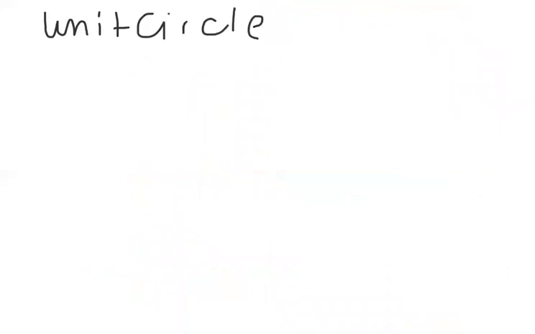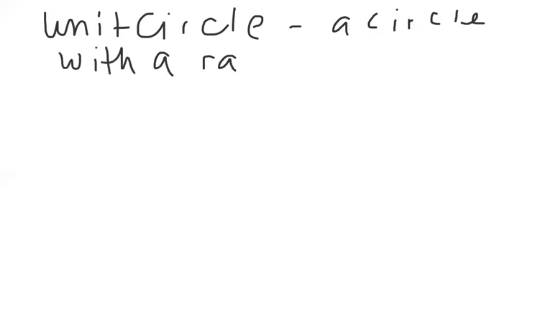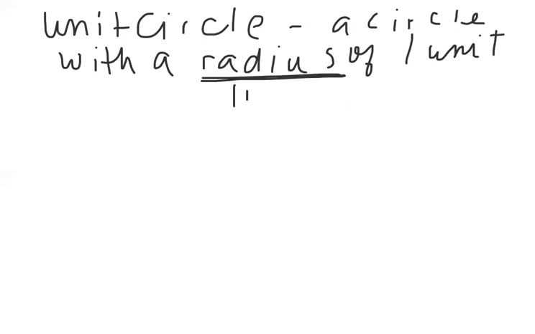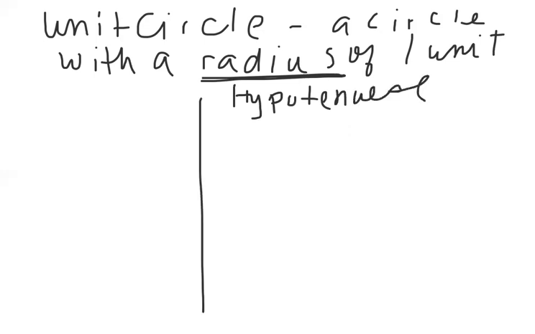Notice the unit in there is a circle with a radius of 1 unit. And guys, remember, I just mentioned that the radius is the same thing as the hypotenuse.